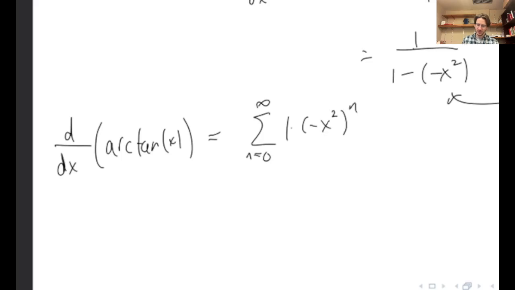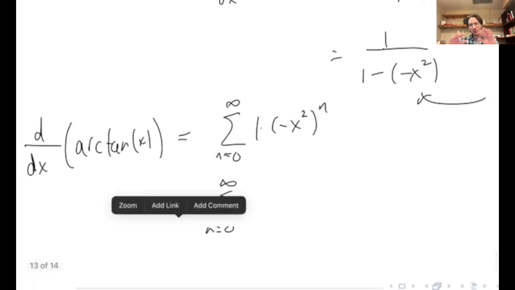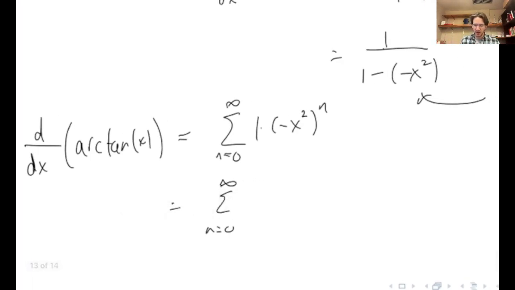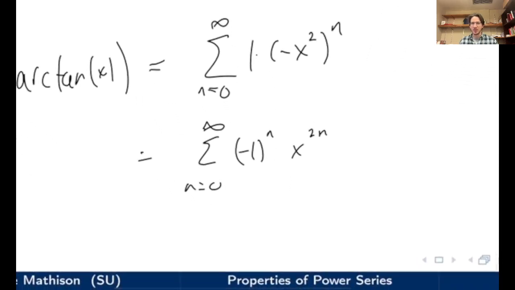to the n, which looks like the sum n equals 0 to infinity of, always break that negative 1 off into a negative 1 to the n, so that later, when we take an integral, I don't want to have to use technically a u substitution or anything like that. So I break that minus 1 to the n off, and we have something that looks like this.